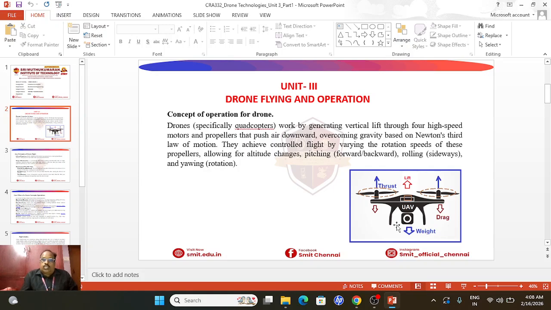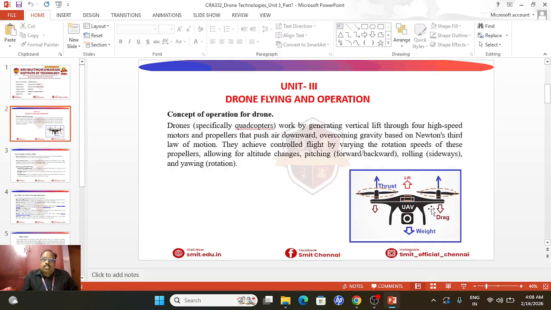They achieve controlled flight by varying the rotation speeds of these propellers, allowing for altitude changes, pitching, rolling, and yawing.